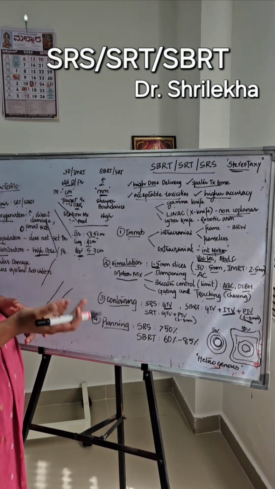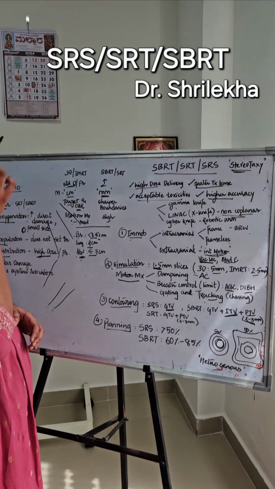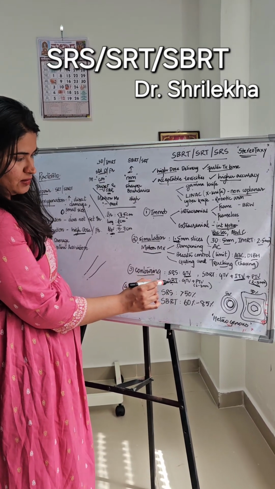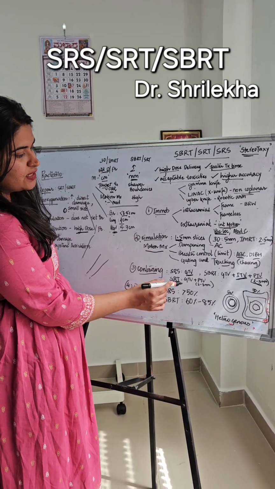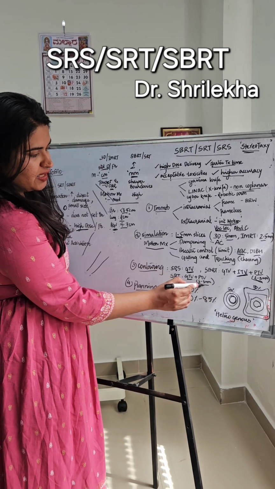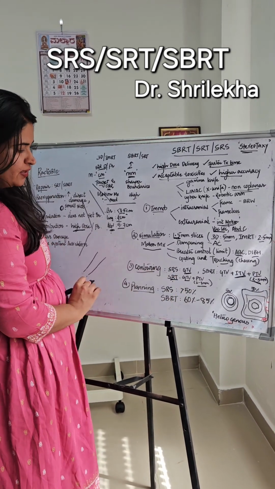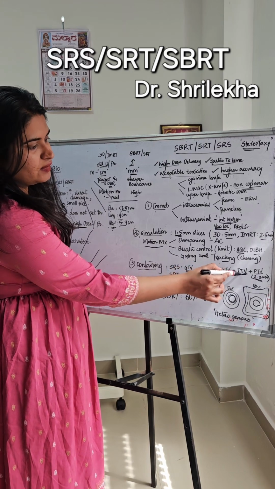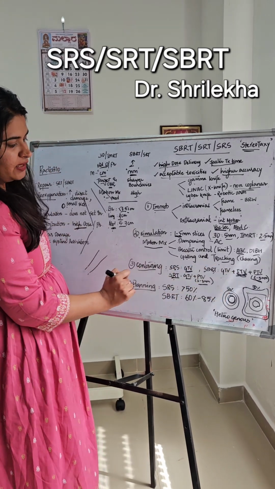In 3D CRT or IMRT, we will go up to 5 mm. In SRT, that is fractionated stereotaxy, we use GTV plus a margin again of 2 to 3 mm. This is in the head, but in the body we also include ITV.